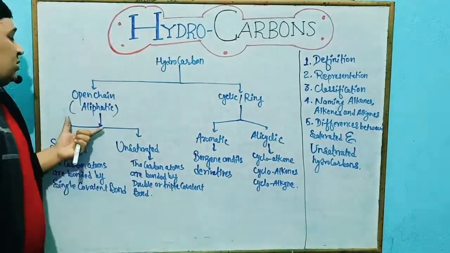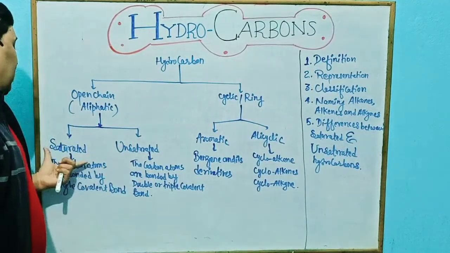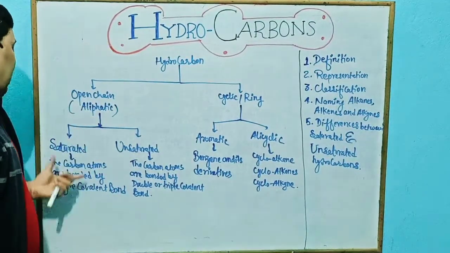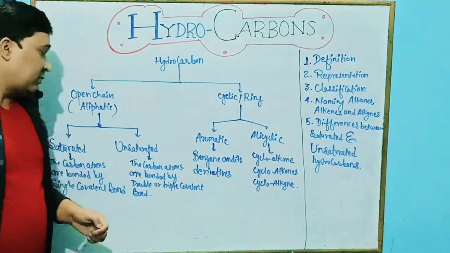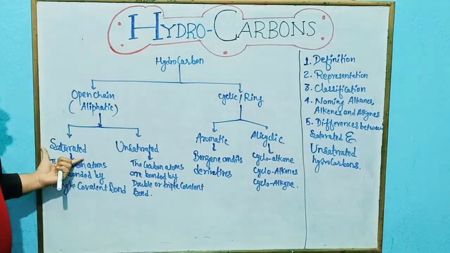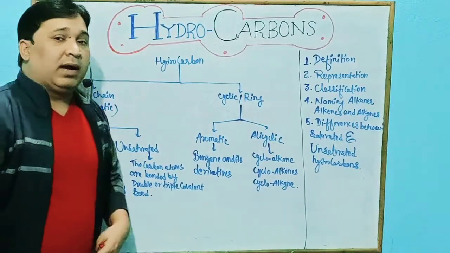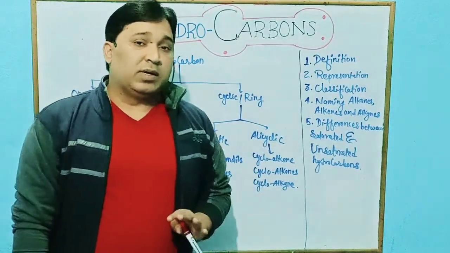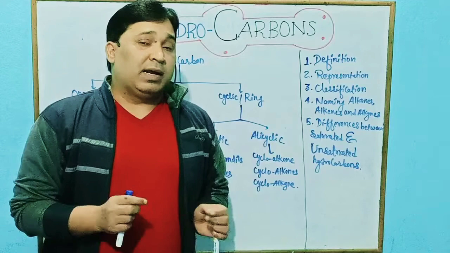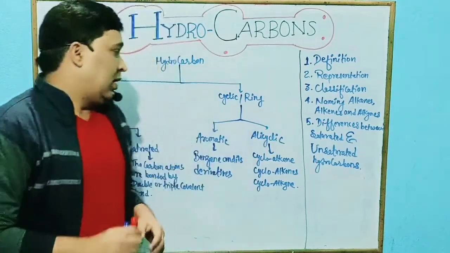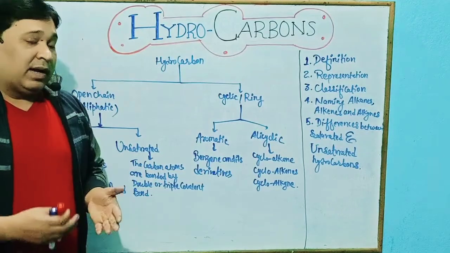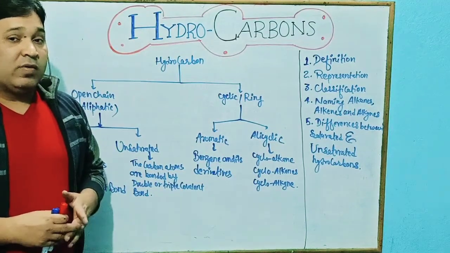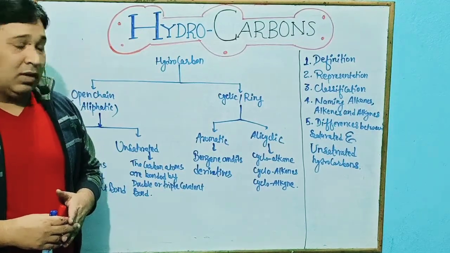Now, coming to the open chain, that is aliphatic hydrocarbon, it is further classified as saturated and unsaturated hydrocarbons. In saturated hydrocarbons, the bond between the carbon atoms is a single covalent bond, right? It means the carbon atoms are singly bonded. In unsaturated hydrocarbons, the carbon atoms are bonded by either double covalent bonds or triple covalent bonds.